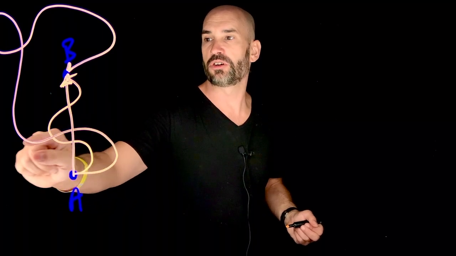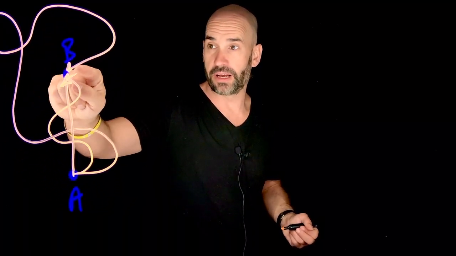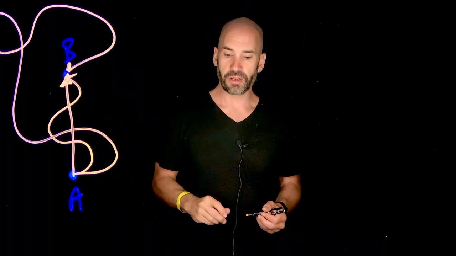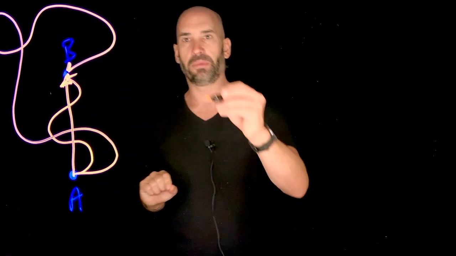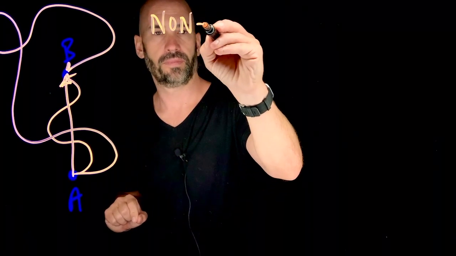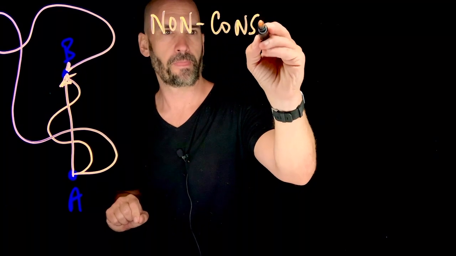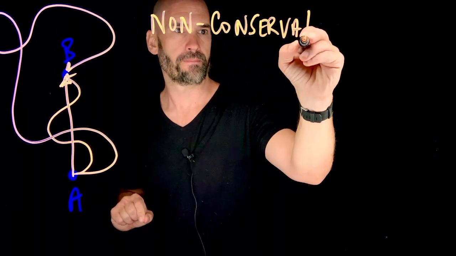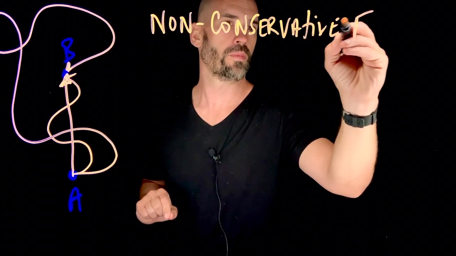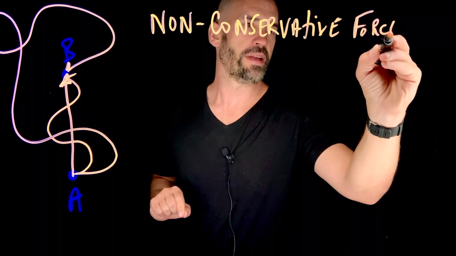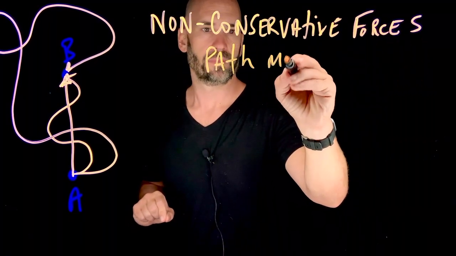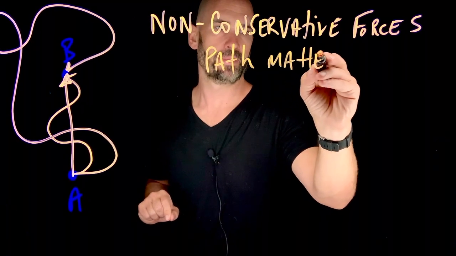Your change in energy, or the amount of work done on that object by the force, will depend on which path you take. So in non-conservative forces, path matters. You would say it's path dependent.